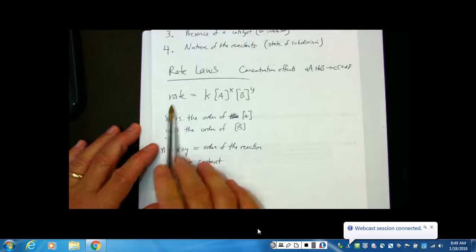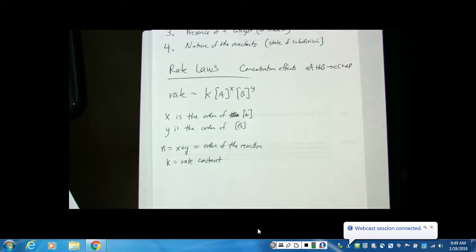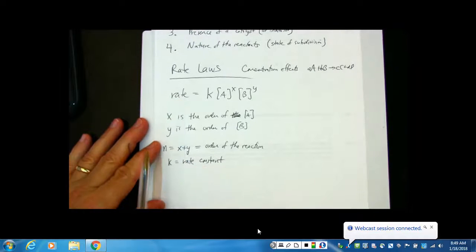All right, so what are the units on rate of a chemical reaction? Mr. Louis? Molars over seconds. Moles per liter per second. Very good, or molarity per second. So the rate will be in moles per liter per second.